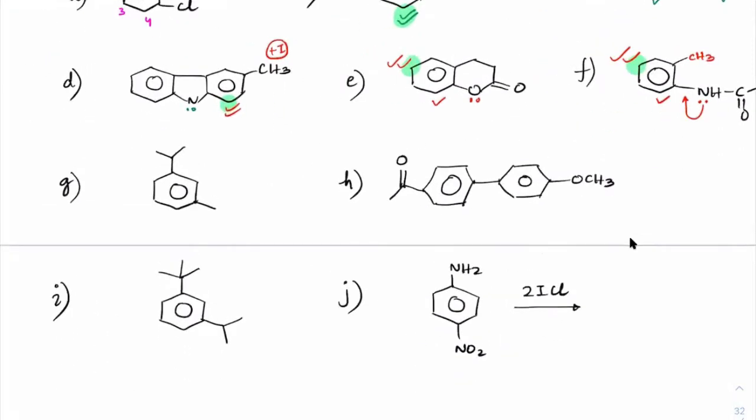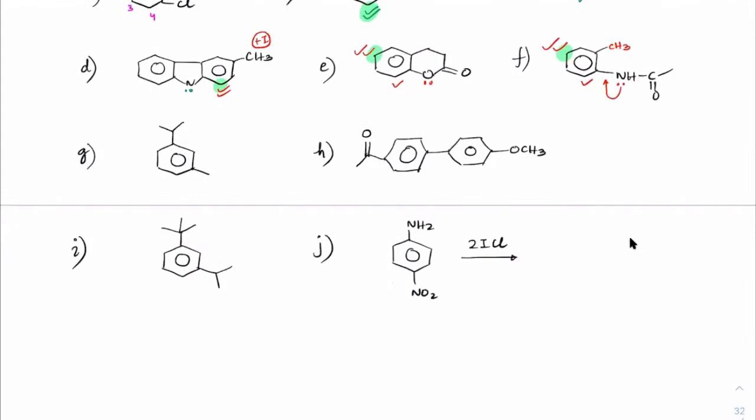Next, G. No, check once again. Suppose with respect to this, first of all, decide which is more donating between these two. Methyl is more donating. Remember on benzene, when you have methyl and isopropyl or tertiary butyl, which one will be better?